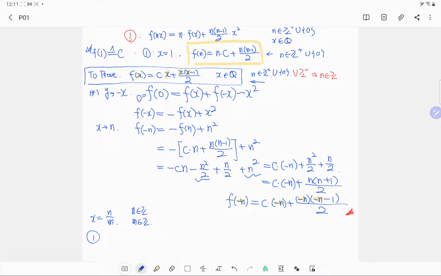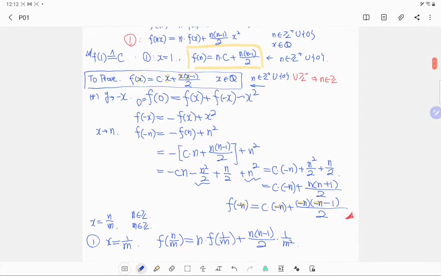We can plug in x equals 1 over m. So on the left side it is f of n over m equals n times f of 1 over m plus (n minus 1) over 2 times 1 over m squared.